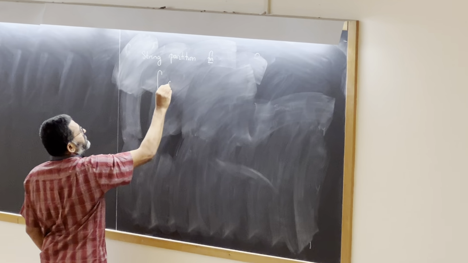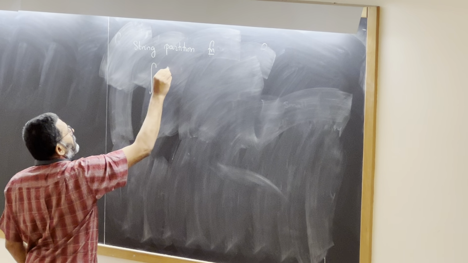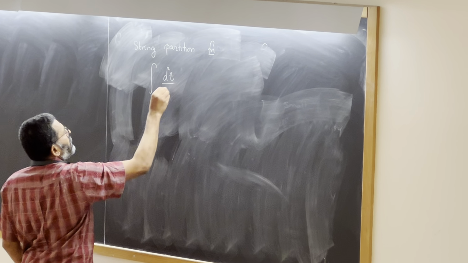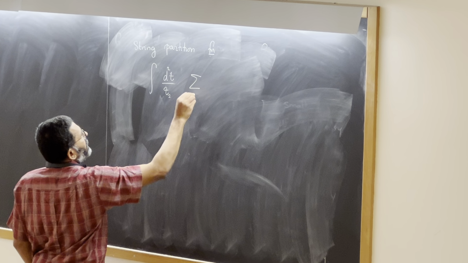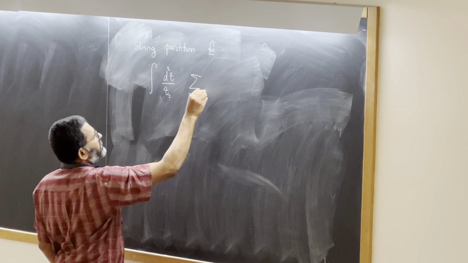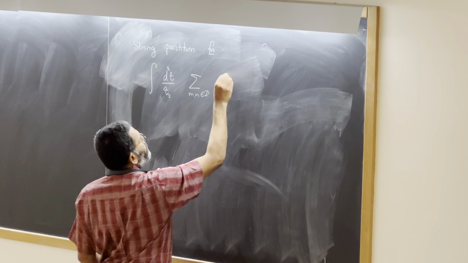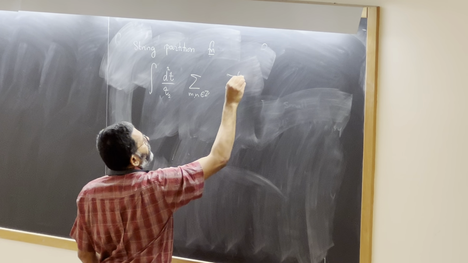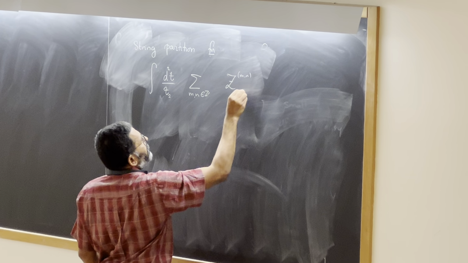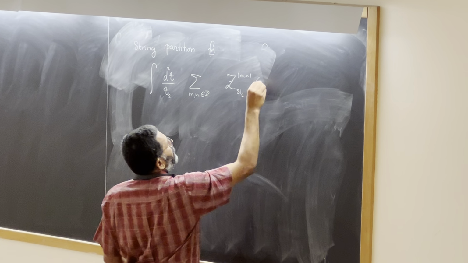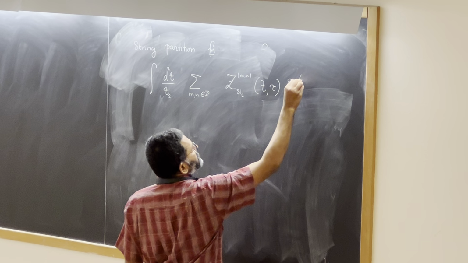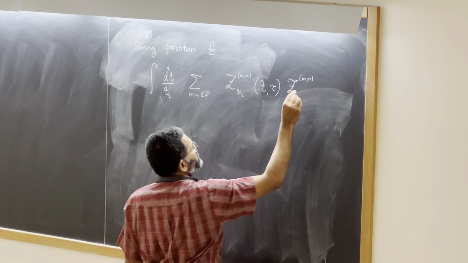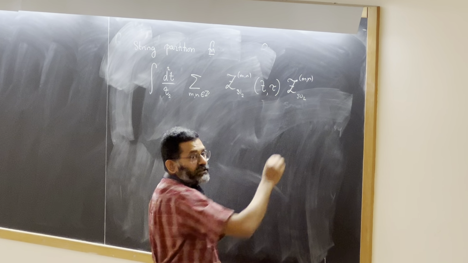I can write this as follows. And after I write it, I'll explain what I'm doing here. Again, just to be very clear, I'm suppressing dependence on all the anti-holomorphic coordinates.